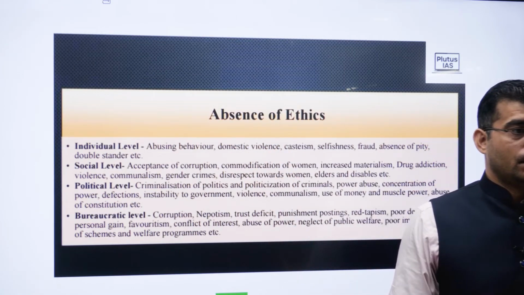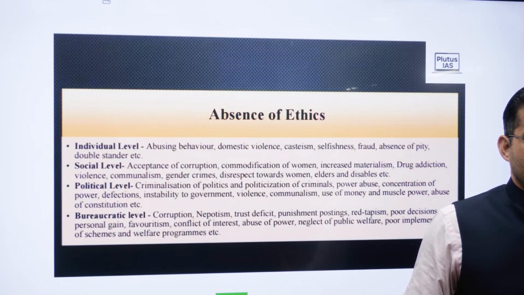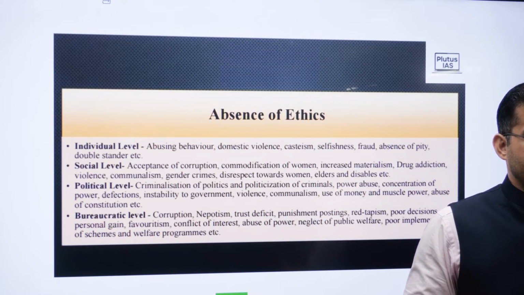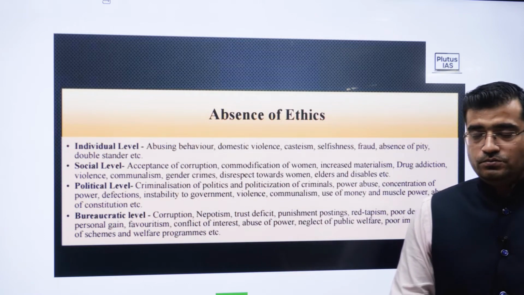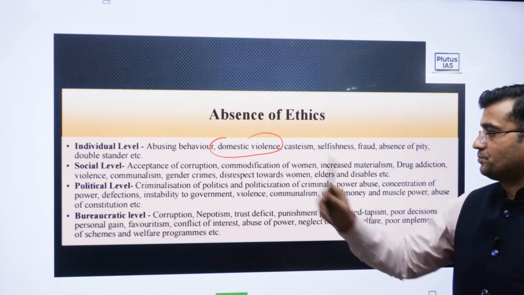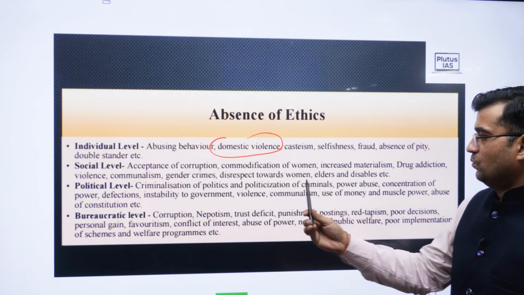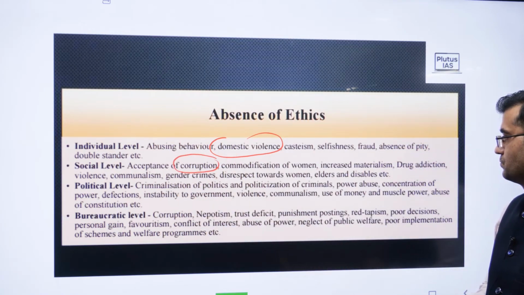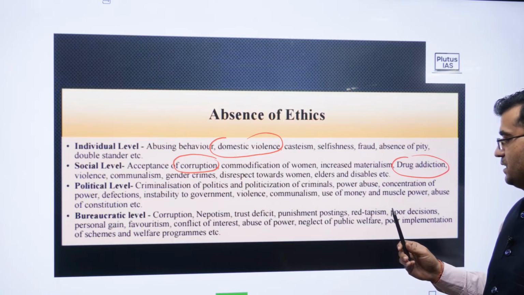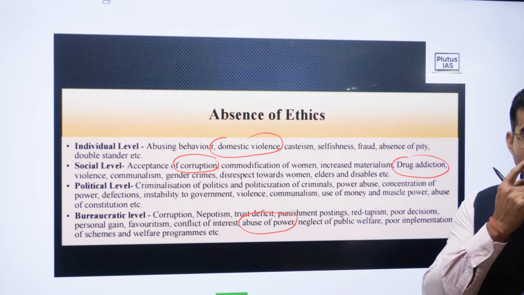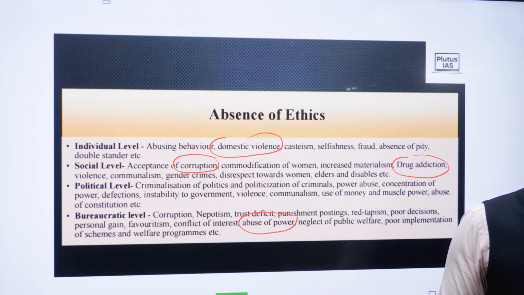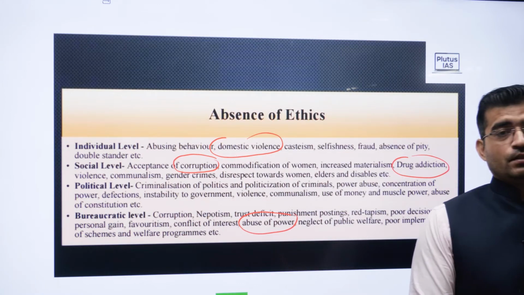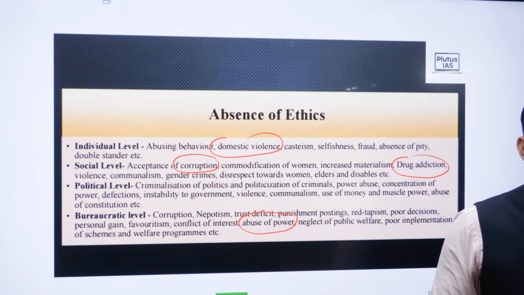Absence of ethics leads to devastation, such as domestic violence, corruption, drug addiction, and abuse of power.